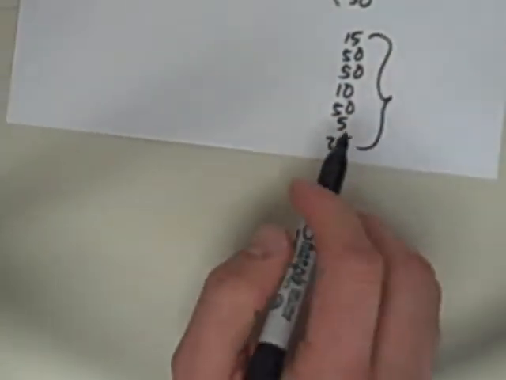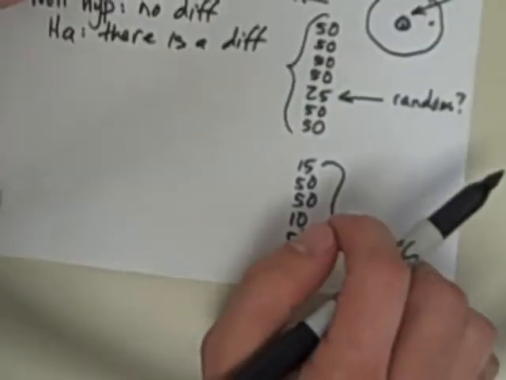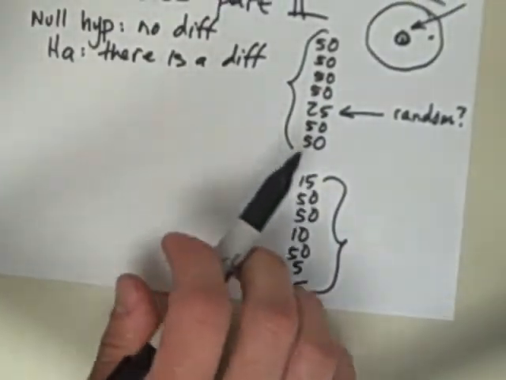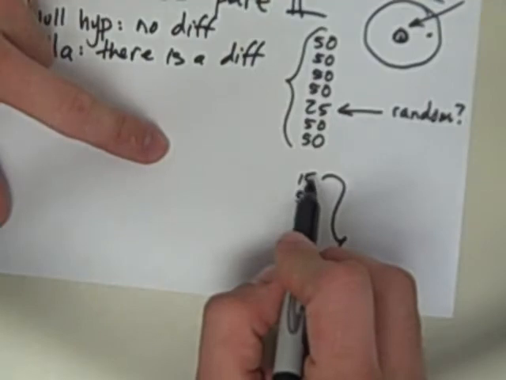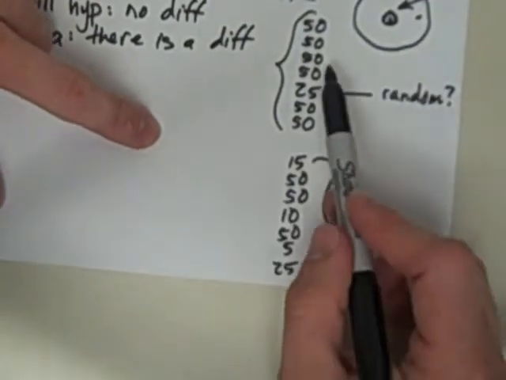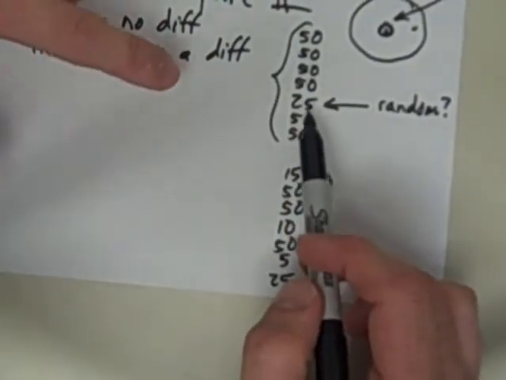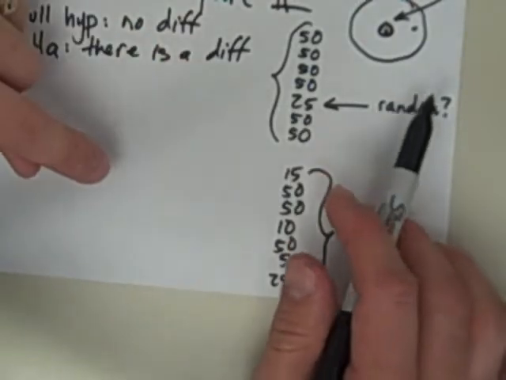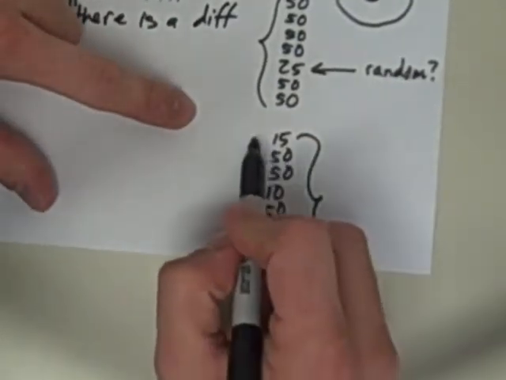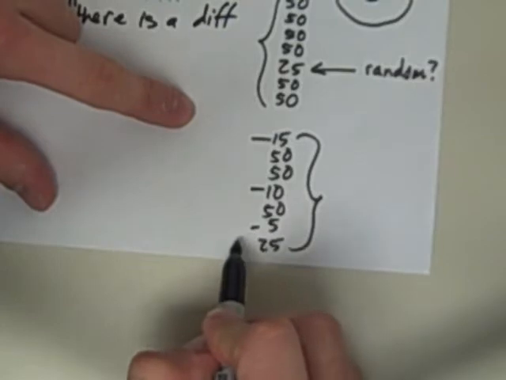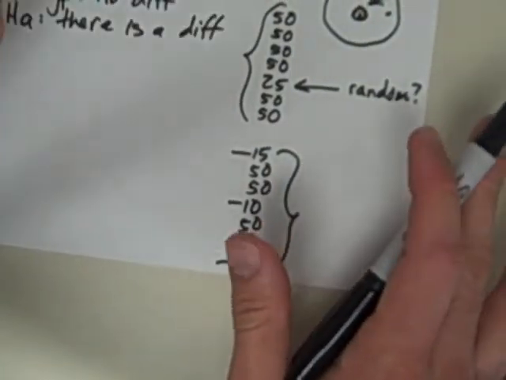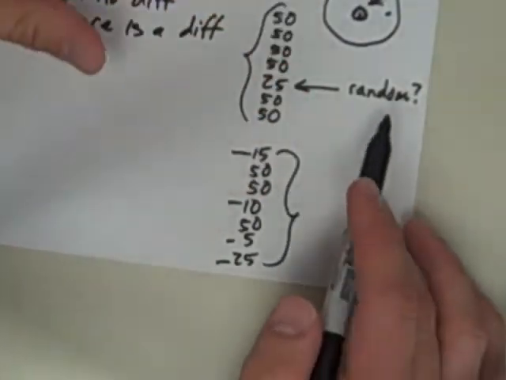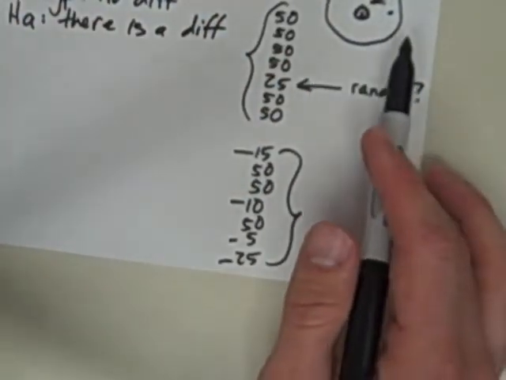If I look at this, already I'm seeing that these data are different. I got some 15s and some 10s and whatnot in there. Here I had mostly 50s with a 25. So now what I need to determine is, these differences that I'm seeing between these two sets of data, are they random? Is this just weirdness that I would have seen if I hadn't chopped his arm off?